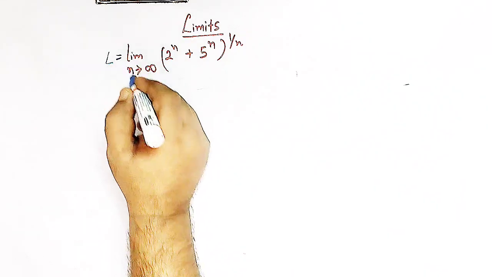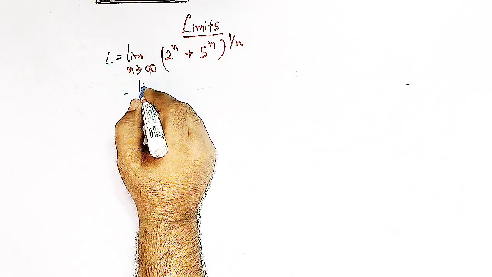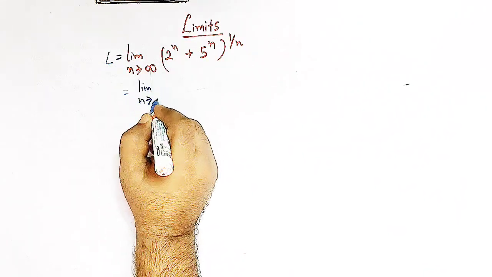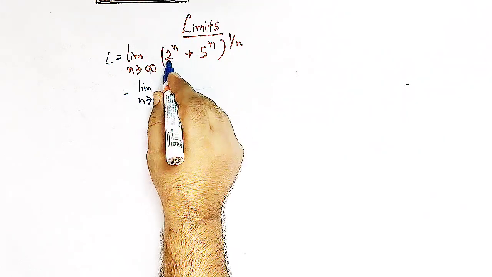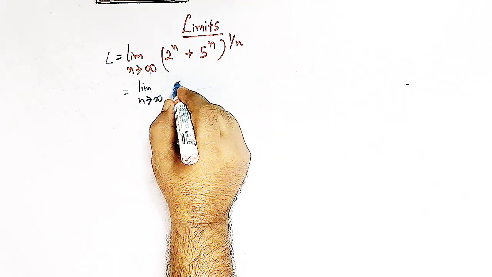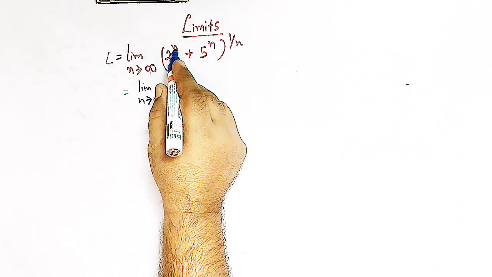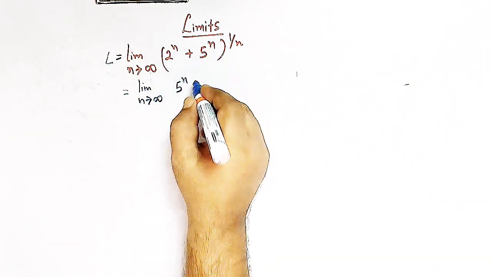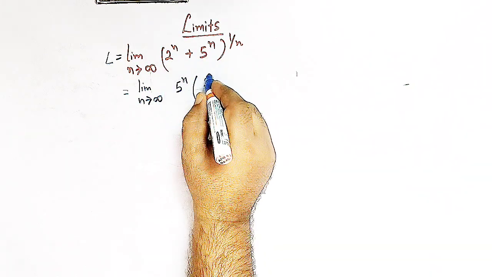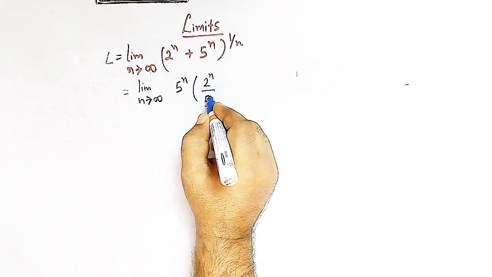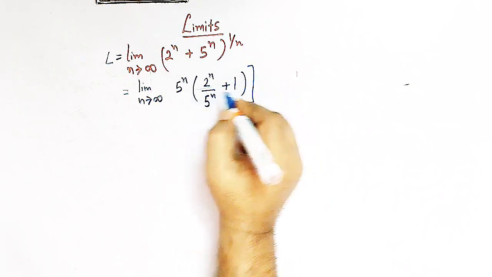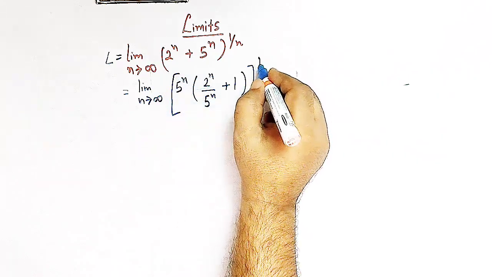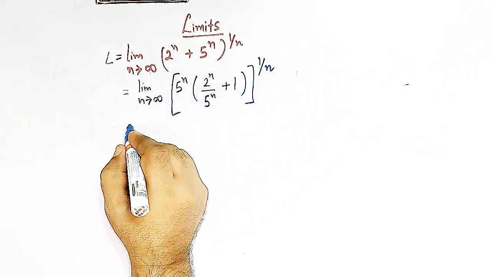Now we can rewrite this limit as limit n tends to infinity, and here we can take 5^n common from 2^n + 5^n. So we have here 5^n times (2^n/5^n + 1), and the whole exponent is 1/n, right?